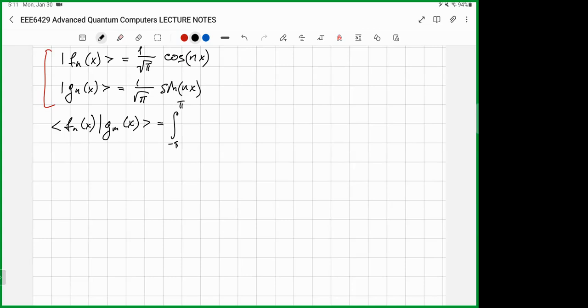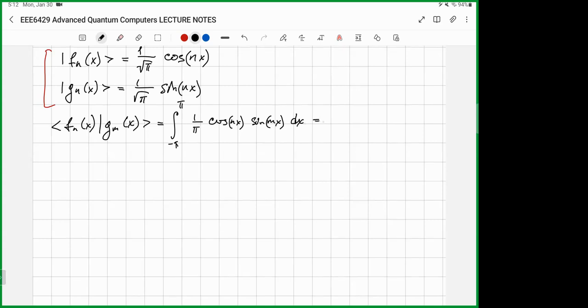Then 1 over square root of pi times 1 over square root of pi gives me 1 over pi. This is the so-called normalization coefficient. And then cosine nx, I don't take the complex conjugation because cosine is a real-valued function, and sine mx dx, of course.